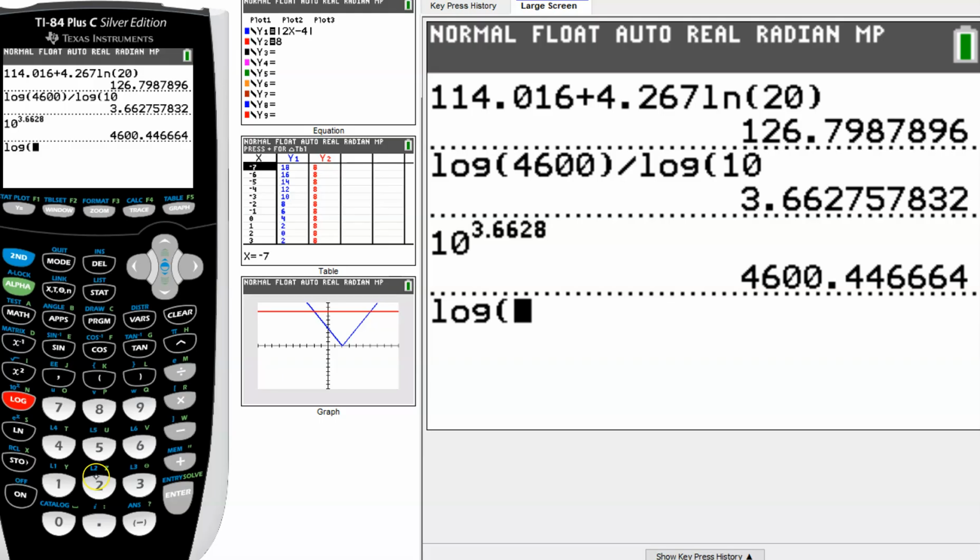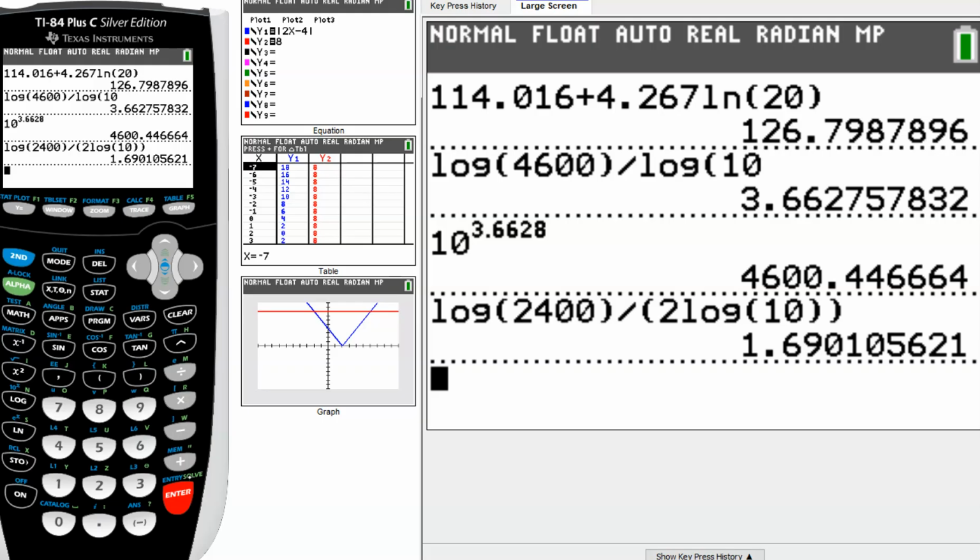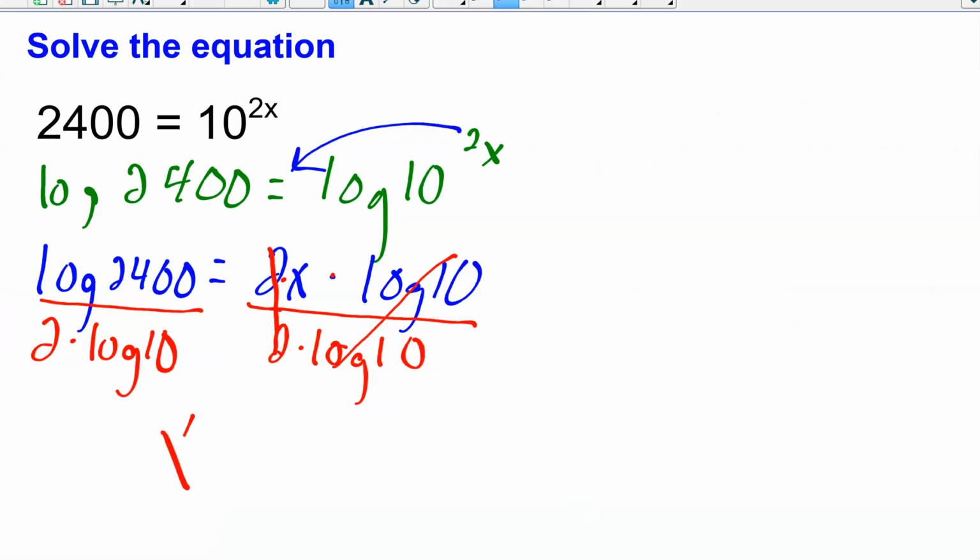The log of 2400 divided by, I'm going to put parentheses around that, 2 log 10. And I should get 1.6901. So x equals 1.6901.